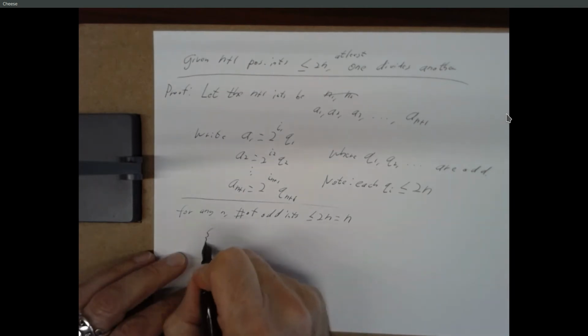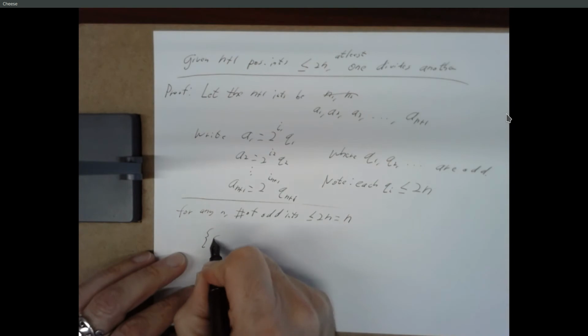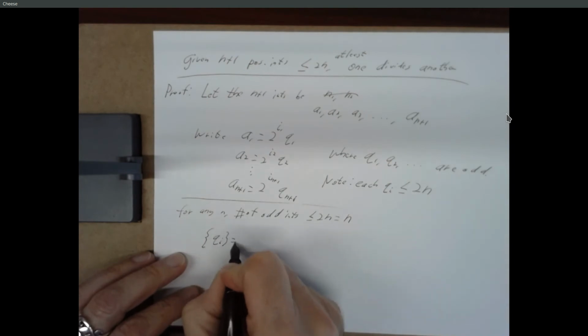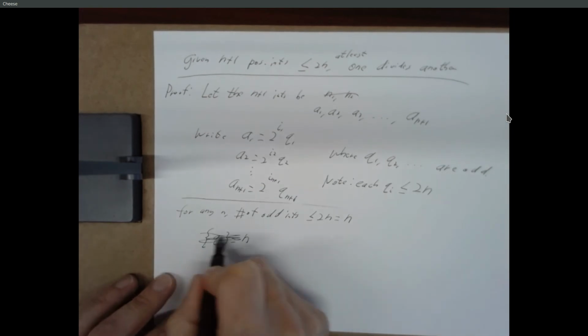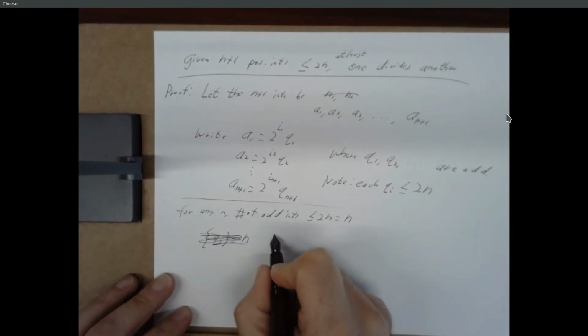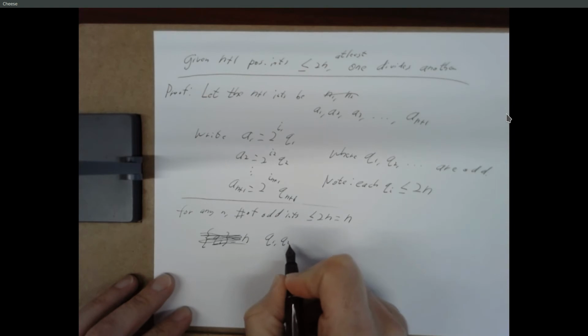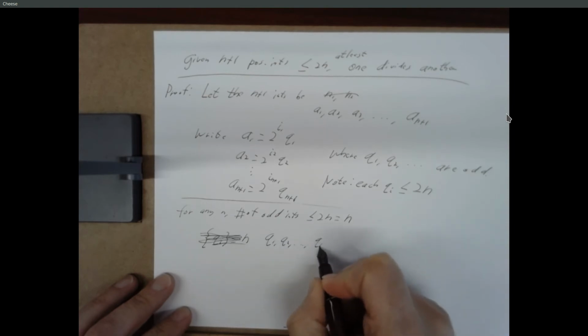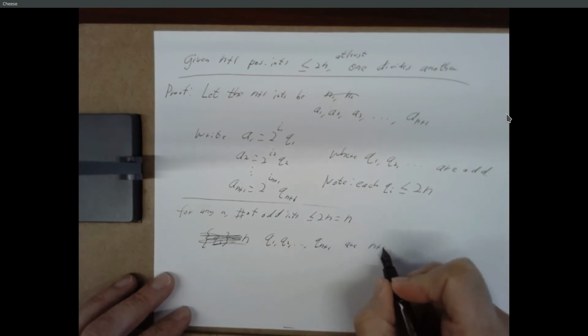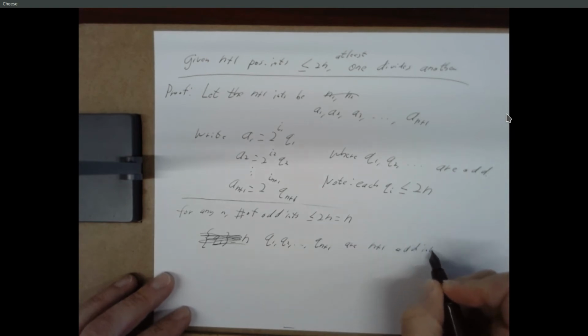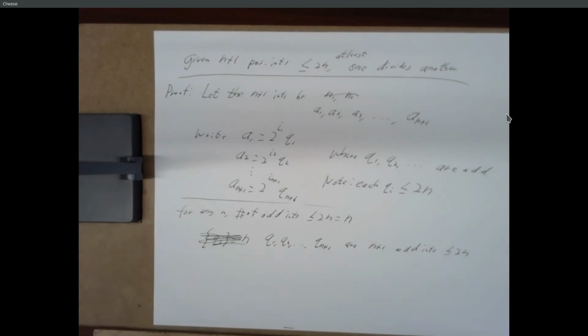Well, the set of Qi, so Q1, Q2, up through Q(n+1). These are n plus 1 odd integers less than or equal to 2n.